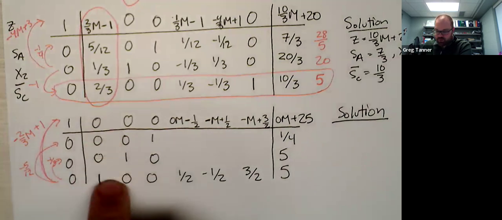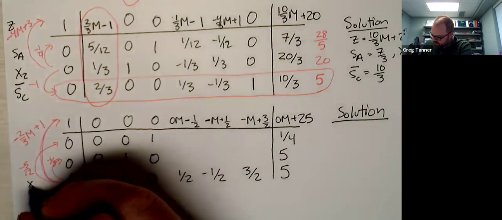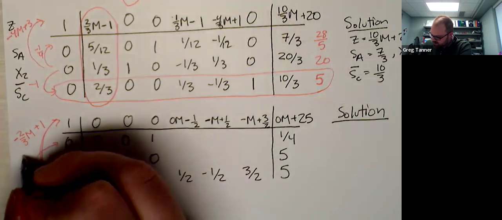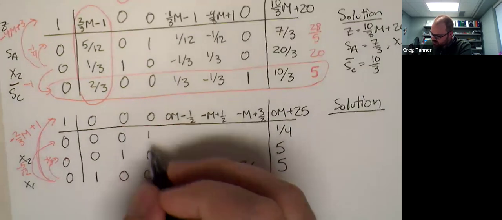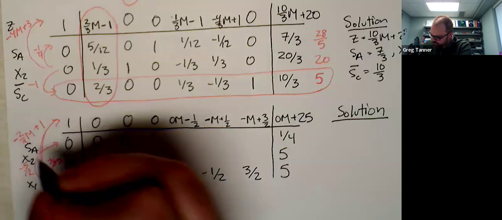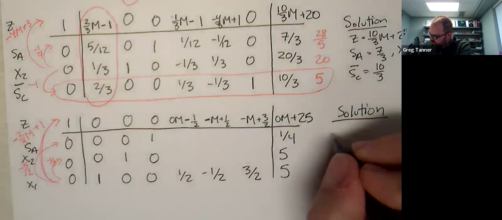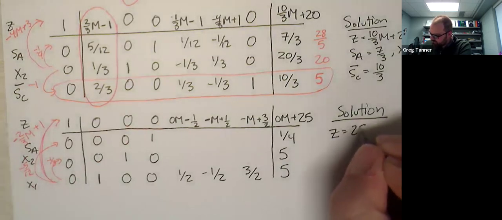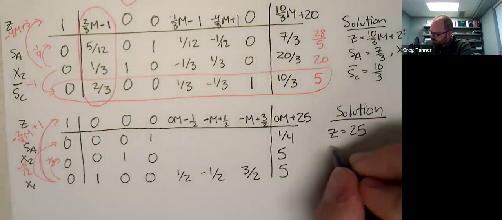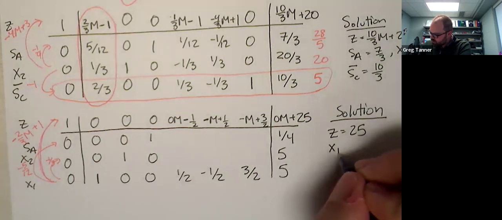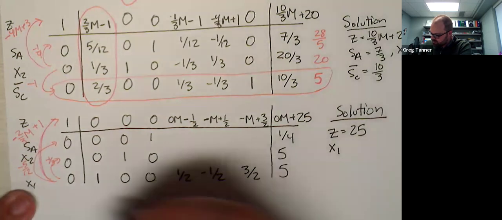row is the x1 row. Maybe I'll label that as x1. This row was the x2 row. This one was SA, and then Z. And so Z is equal to 25. X1, I'll do them in order here.